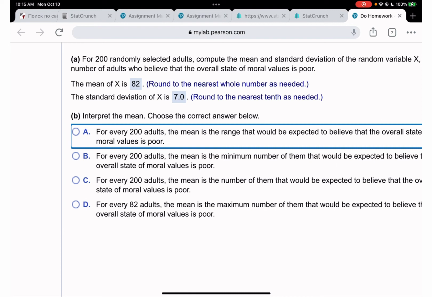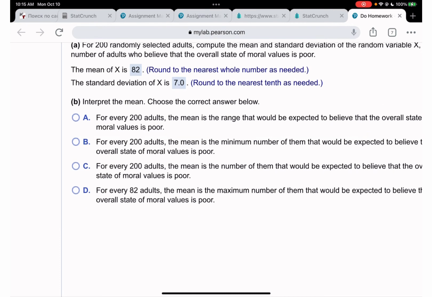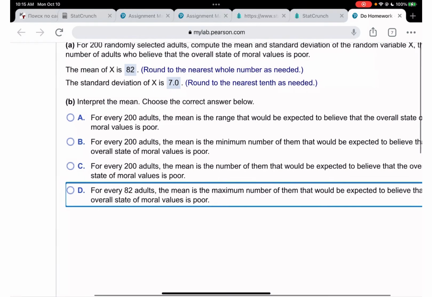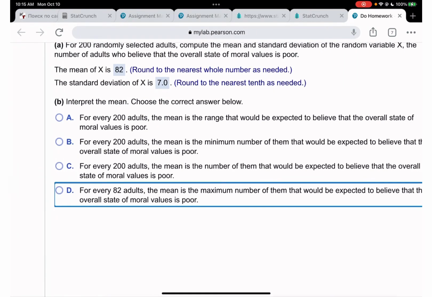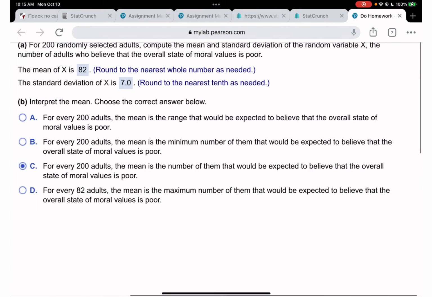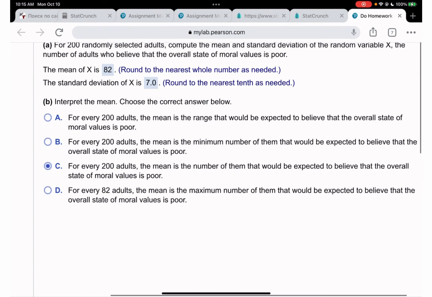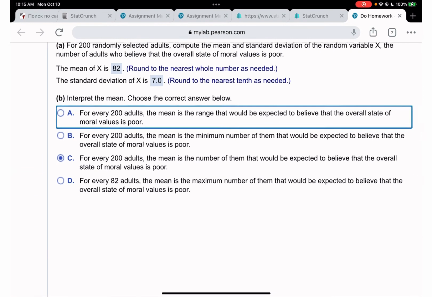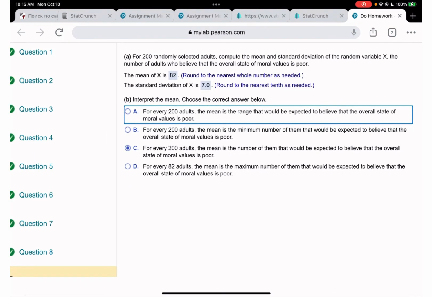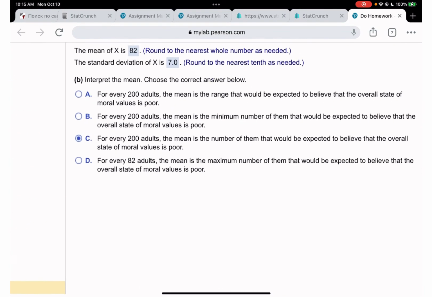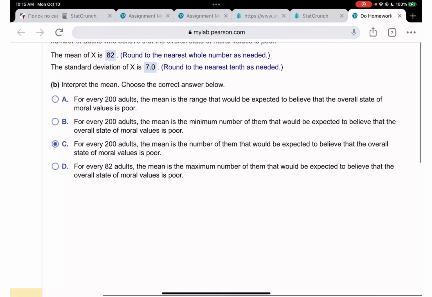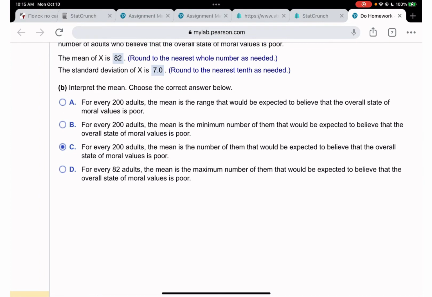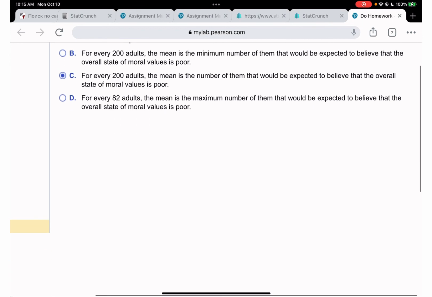It's not the minimum, but the number of them that would be expected to believe. It looks like it's going to be C, that the overall state of moral values is poor. Mean is not the minimum. Mean is a number, so it's C, it's not B. Okay, we got it.